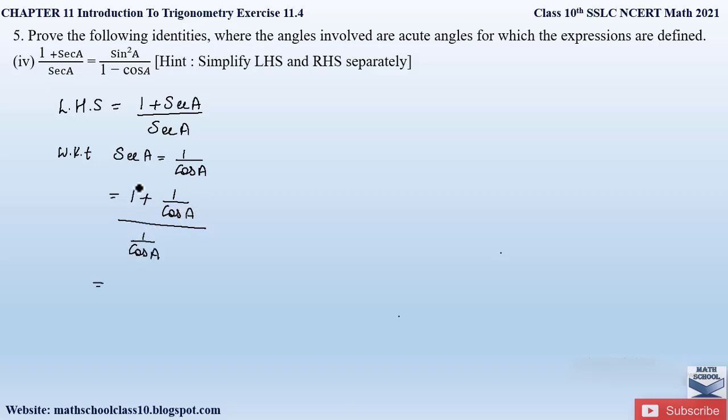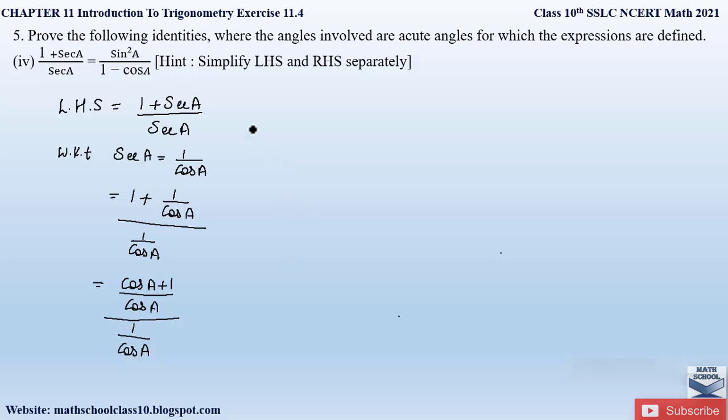Let us take the LCM in the numerator as cos a. So we will get cos a plus 1 divided by cos a, and in the denominator we have again 1 by cos a. Okay, so let us change the division sign into multiplication by reciprocating the denominator.